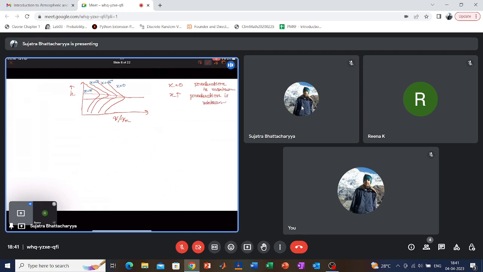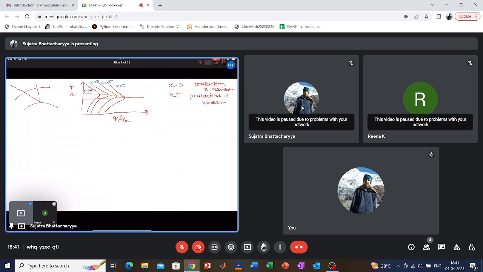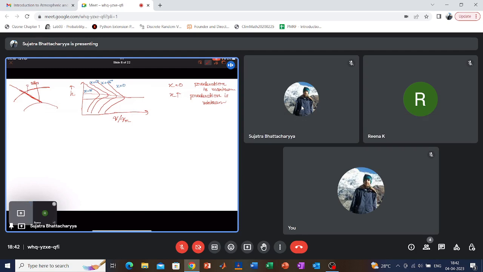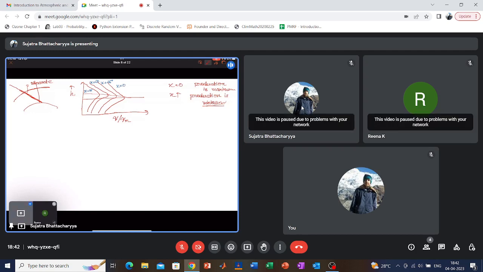As χ increases, it has to travel through lots of region of the atmosphere because it's a slanting ray. So it will attenuate its energy. If it attenuates, less will be the production. So this is what is happening here. And another thing which I have already shown, for χ equal to 0, the peak production height is lower. As χ increases, the peak production height also goes up. Okay.